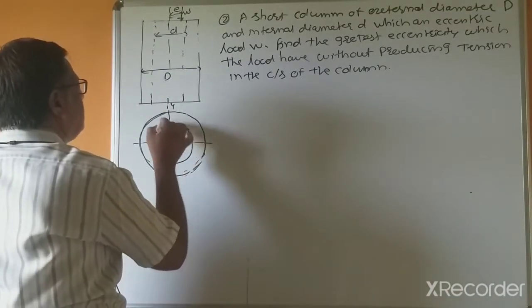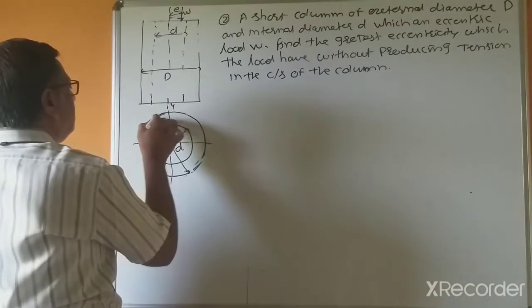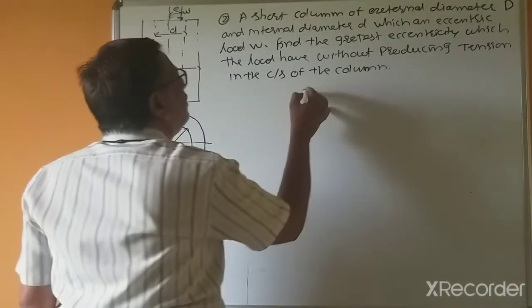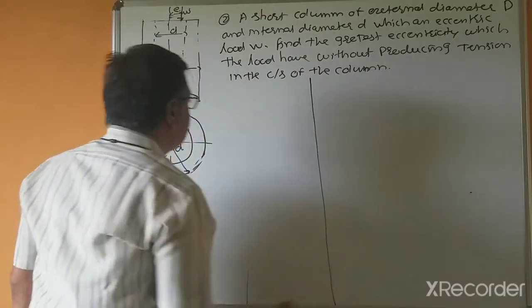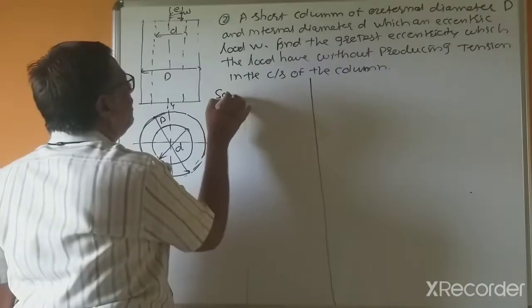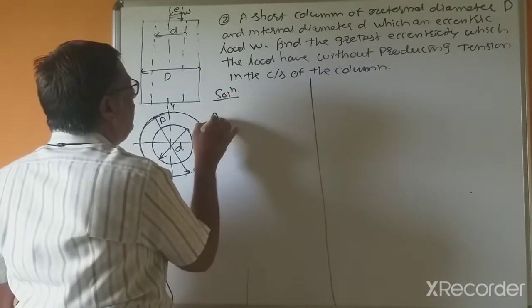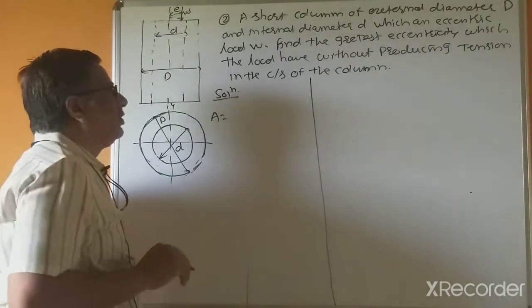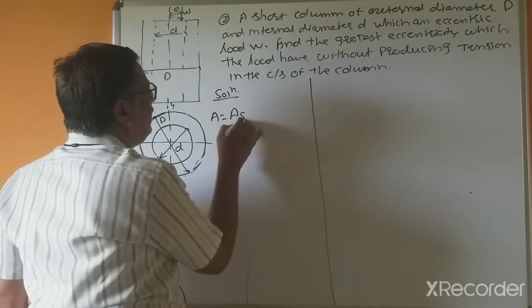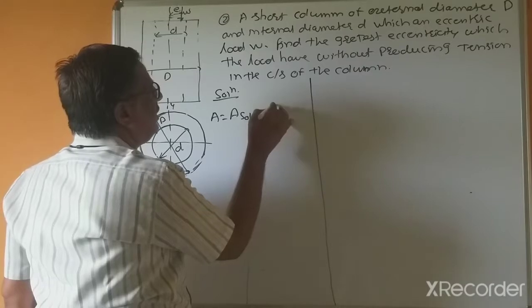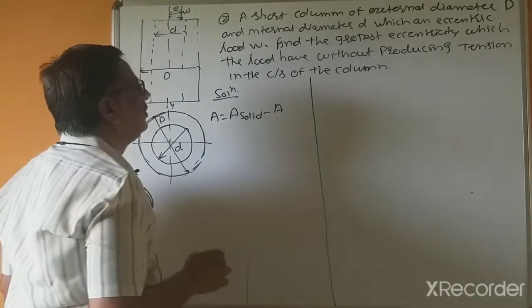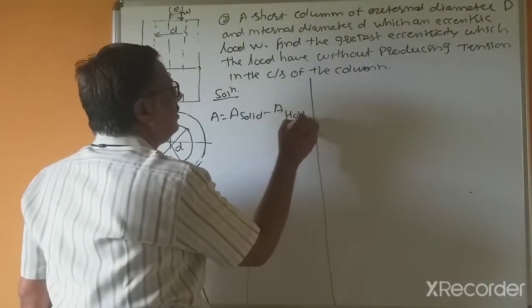This is small d and this is capital D. So first we'll calculate area equal to solid area minus hollow area.